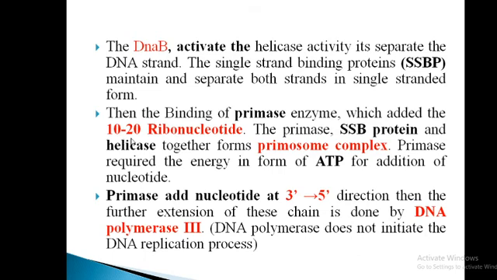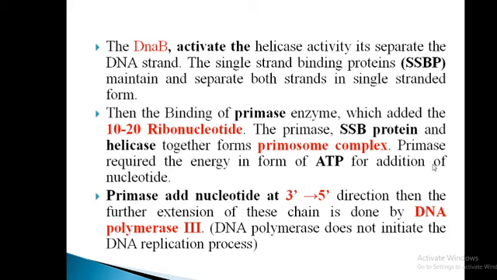This is one of the important things: primase adds ribonucleotides. The chain is about 10 to 20 long because DNA polymerase 3 cannot initiate the DNA replication process. It requires primers. The complex of primase, SSB and helicase together forms the primosome complex.